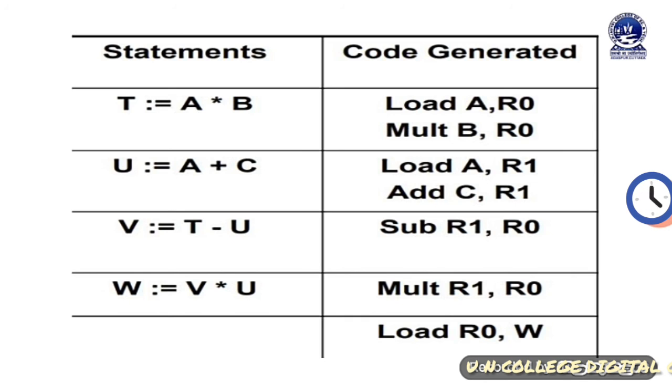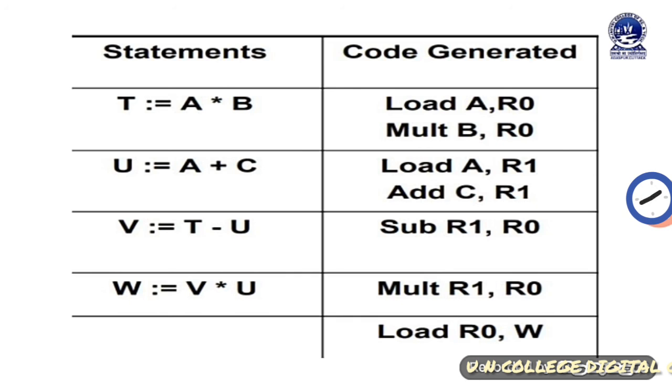Then the next one is u equal to a plus c, and for that the code generated is load a comma r1. Here I have used the r1 register, and the a value will be loaded to the r1 register. Then add c comma r1. It means that a plus c will be implemented by using these two statements. Then the next one is v equal to t minus u.